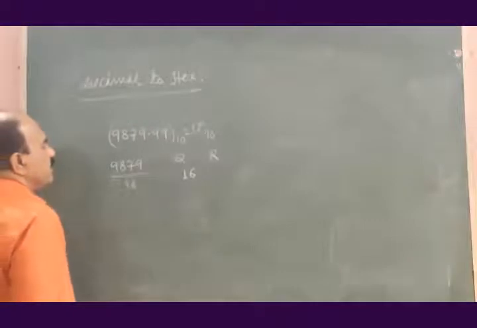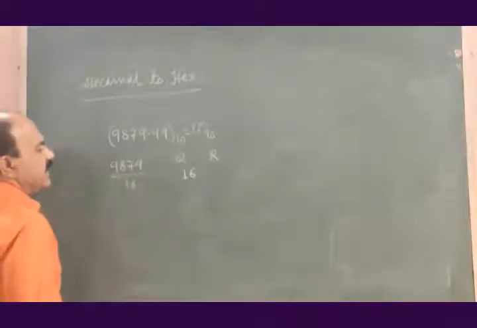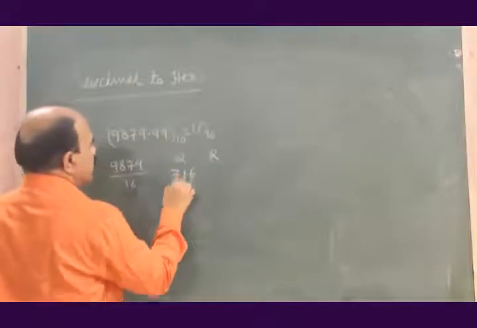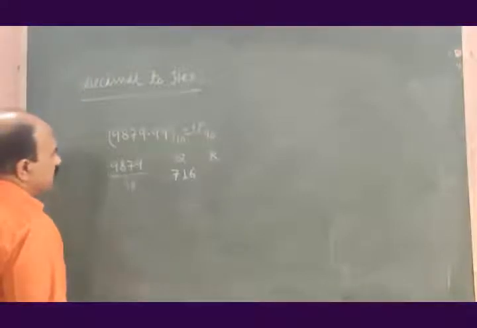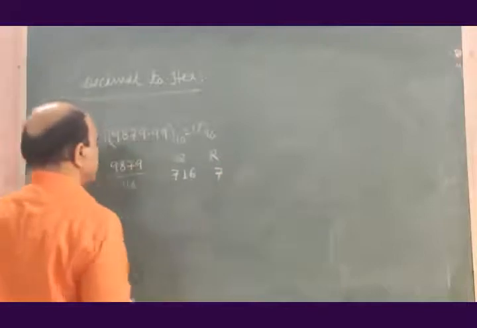From 27, what is left? 4 plus 7, 11 left. 11, 9 is taken, 119. 16 7s are 112. 119 minus 112, 7. Remainder 7.